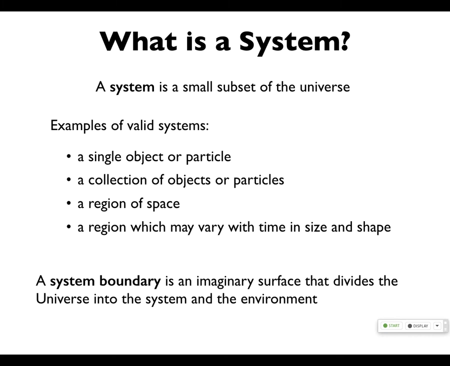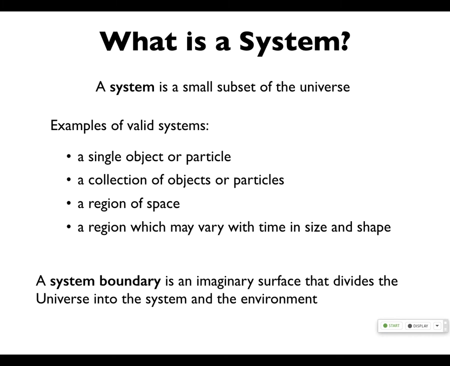And you define, just like with your coordinate system, you get to choose your system, and where you put the boundaries of your system are going to dictate which things you call which variable, okay? So you set the initial conditions, and then you can figure out the problem from there. As long as you're consistent, you should still get the right answer no matter which system you pick, all right? So examples of valid systems: single object or particle, collections of objects or particles, okay?